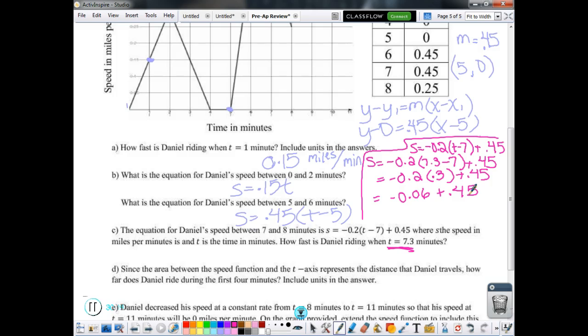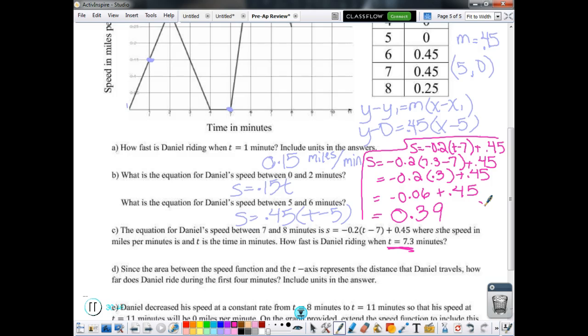So 0.39. Said one thing, wrote the other. 0.39, right? So this one's negative, this one's positive. So bigger number minus the smaller number. 0.45 minus 0.06 would be 0.39.